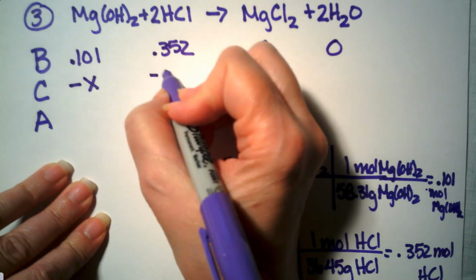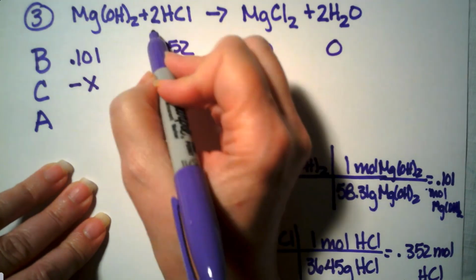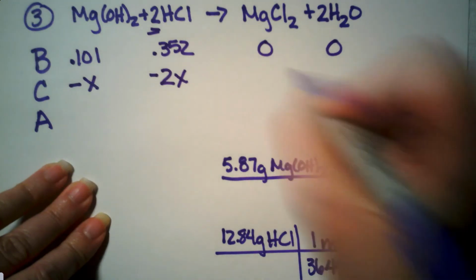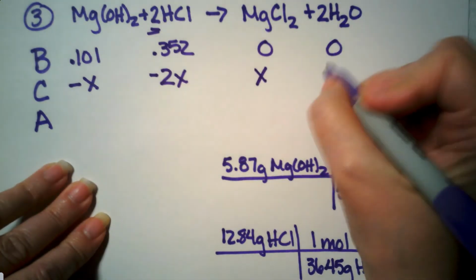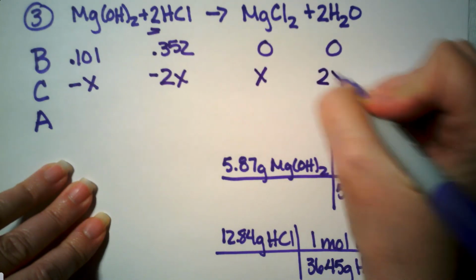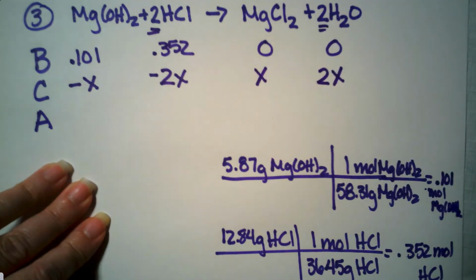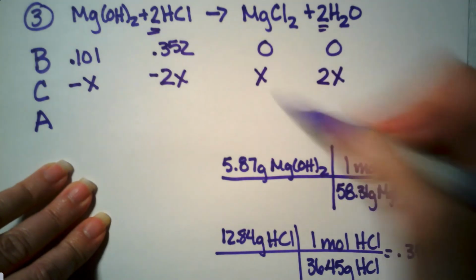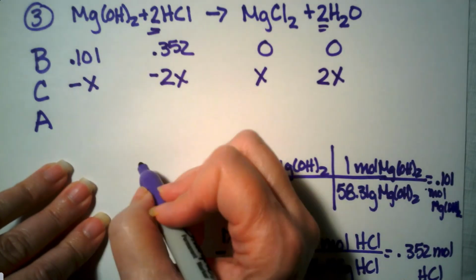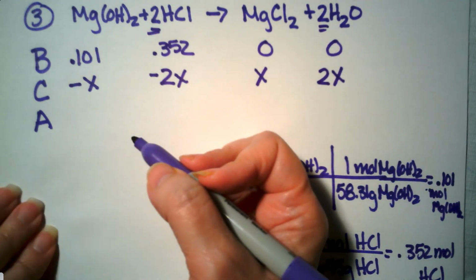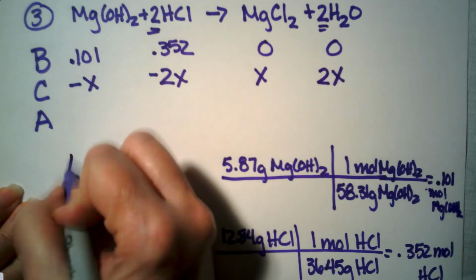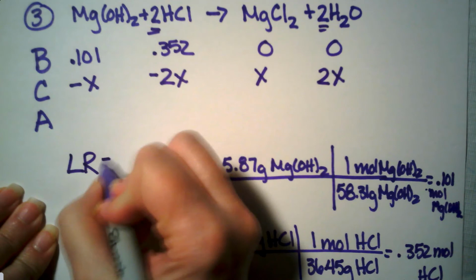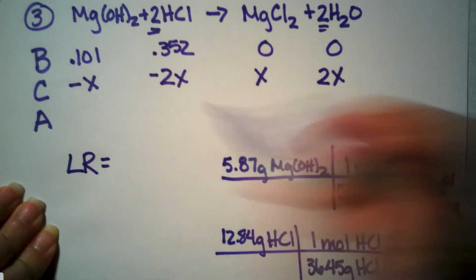Yes, it is a negative 2x because of our coefficient. This one's going to be a positive x, and this one is a positive 2x because of our coefficient. Now we actually really don't care about these because they're not part of the problem. What the problem wants to know is which one of these two is going to run out first. We want to know what our limiting reactant is.